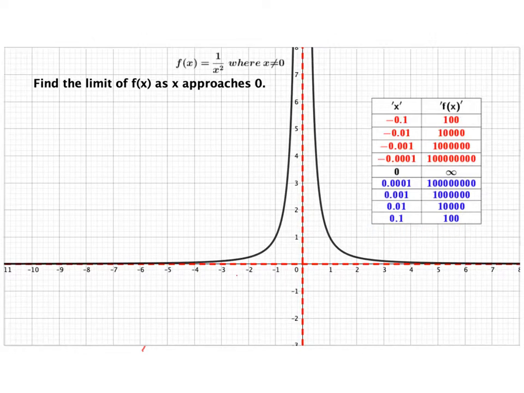First, we're going to look at the left side limit in the table, or as the x values approach 0 from values of x less than 0. And we'll notice that our y values are getting bigger and bigger. In fact, very big. What is that? 100 million by the time we get there.